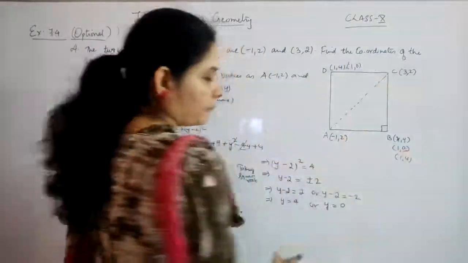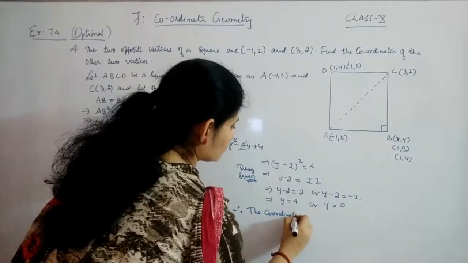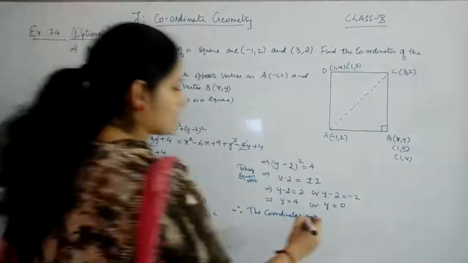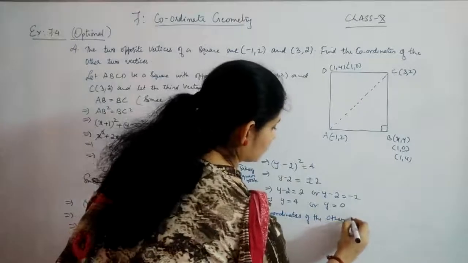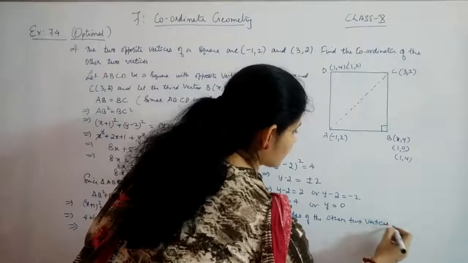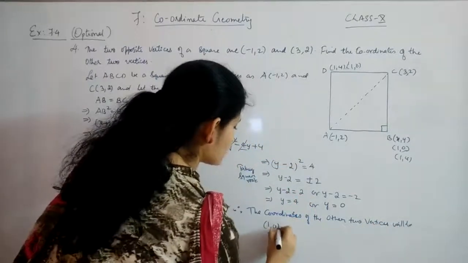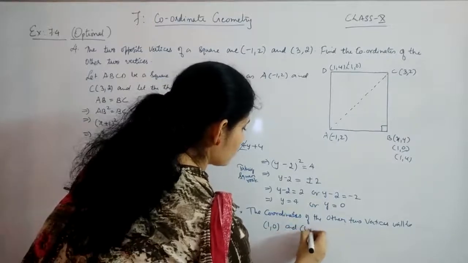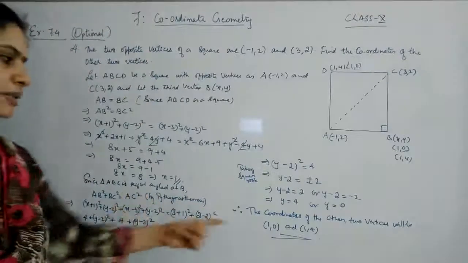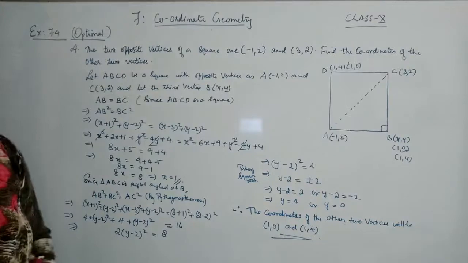Therefore, the coordinates of the other two vertices will be 1, 0 and 1, 4. Which means if you are taking B to be 1, 0, then D will be 1, 4 or vice versa.